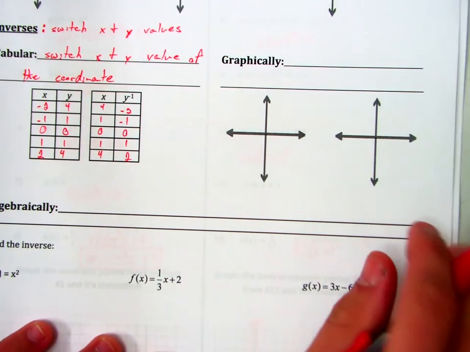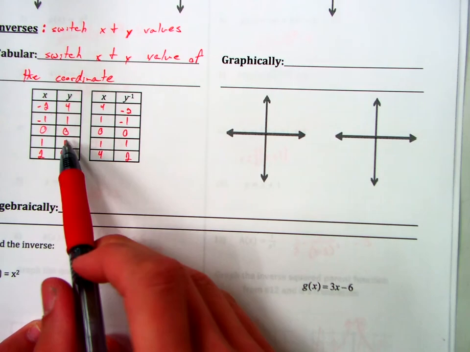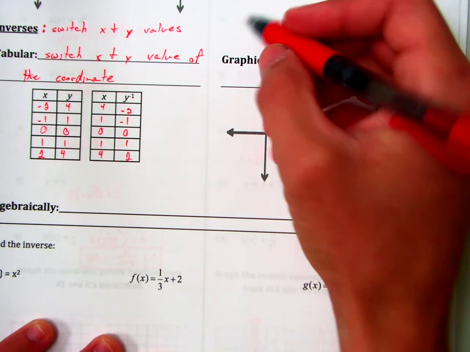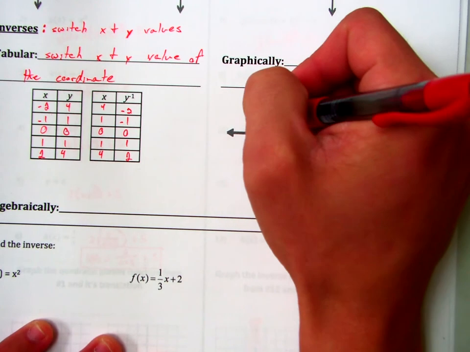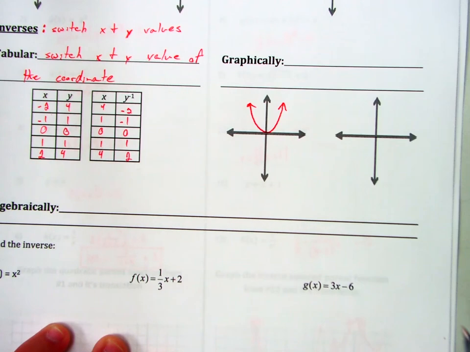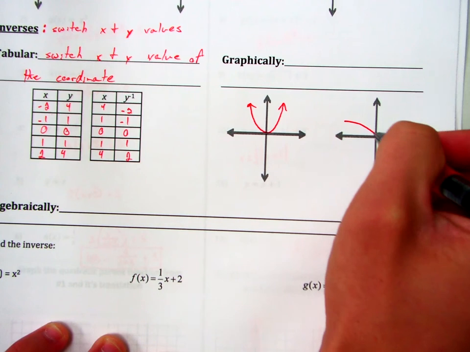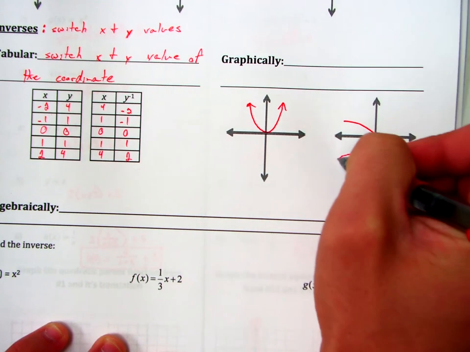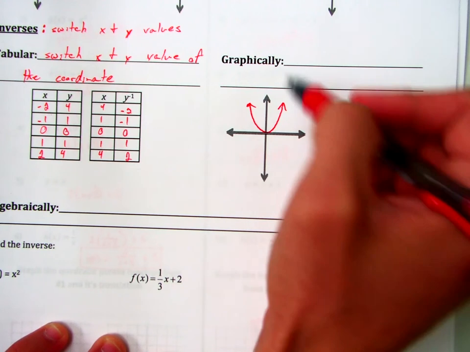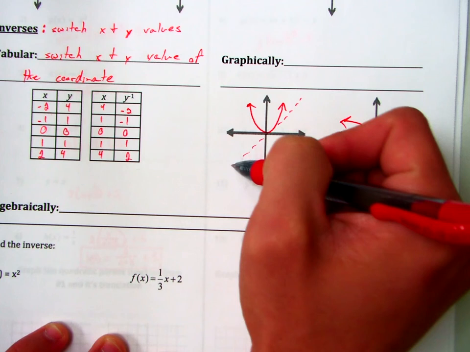Graphically speaking, again, easy concept. Let's just go ahead and stay with the parabola. I'm going to graph these points. It's going to look something like this. This is all estimation, guys. But there's the parent function of a parabola. And then if I found its inverse, it would look something like that, which is actually a complete reflection over that line.